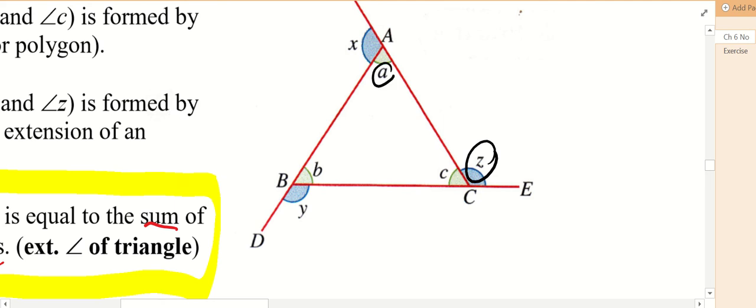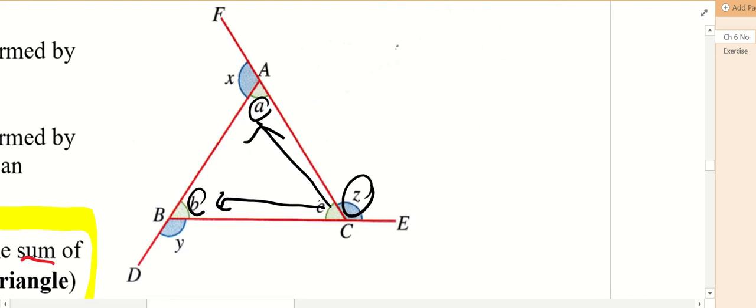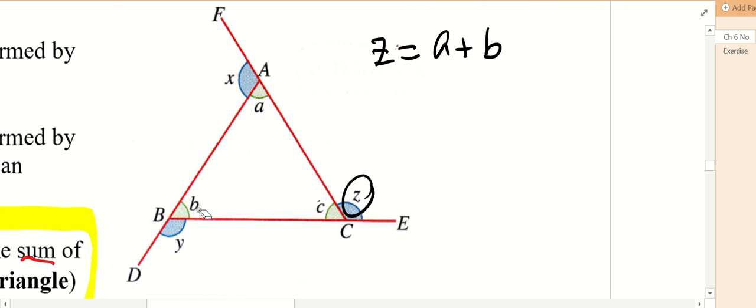They are angles A and B. Why are they opposite? If I draw arrows like this, they're opposite to angle Z. So what does this statement mean? We can write down all the cases here. Angle Z equals A plus B.